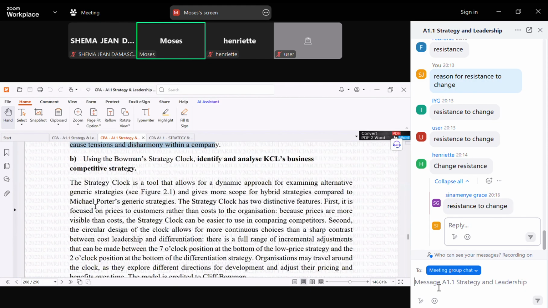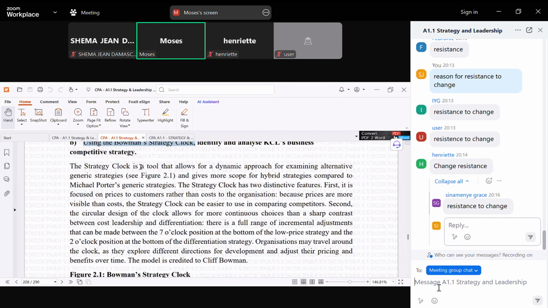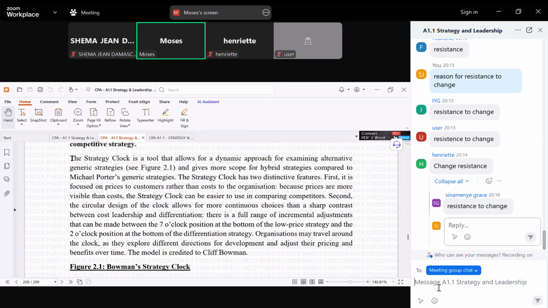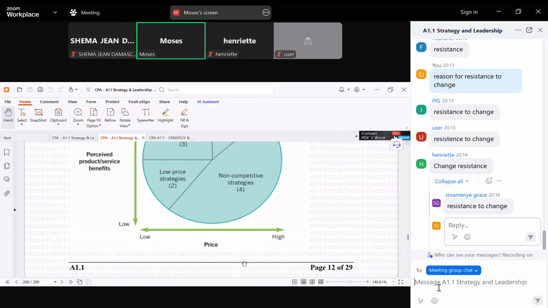Okay. So let's talk about the Bowman strategy clock. As you can see, they first explain the strategy clock provided here, and then they provided the diagram, which you saw from the textbook and from the notes which I showed you.